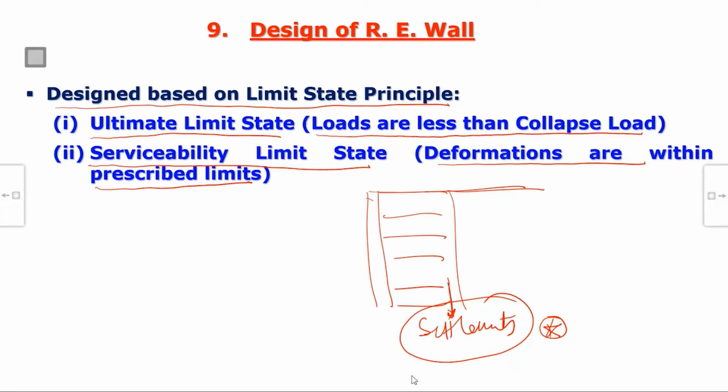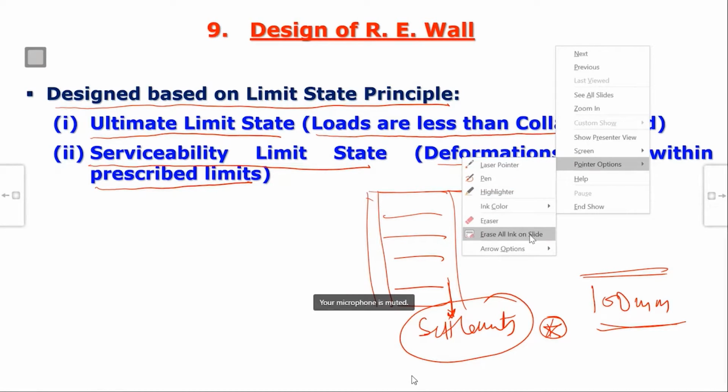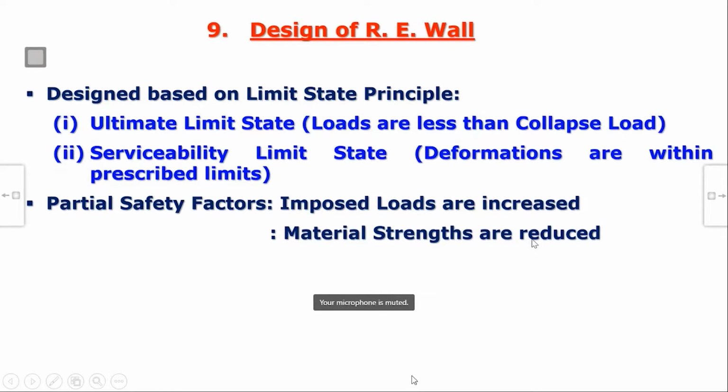And then you define, in our code, if you see our bridge code, it's not very clearly defined. It says depending on importance and type of structure. Here also, if you see IRC and all, they define a maximum settlement of 100. And sometimes 1 in 300 or 1 in 500, you specify differential settlement also. So this is the serviceability limit state that we use in our case.